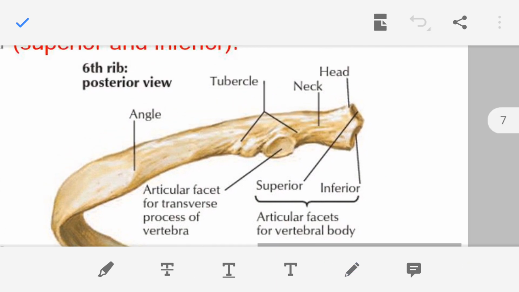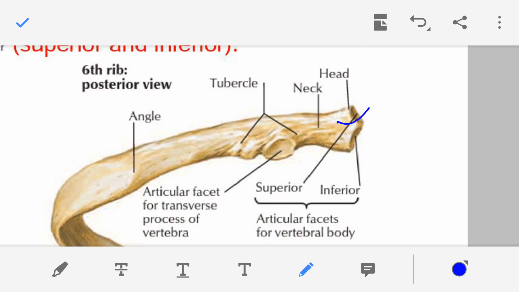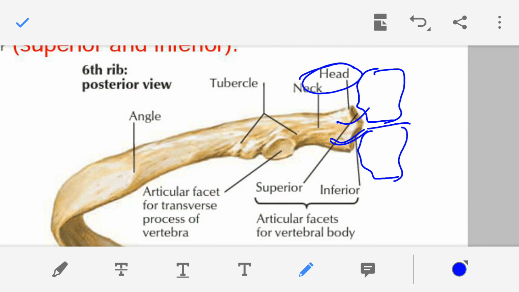And with the help of this superior and inferior facet, the head of the rib is going to articulate with the body of the thoracic vertebra.